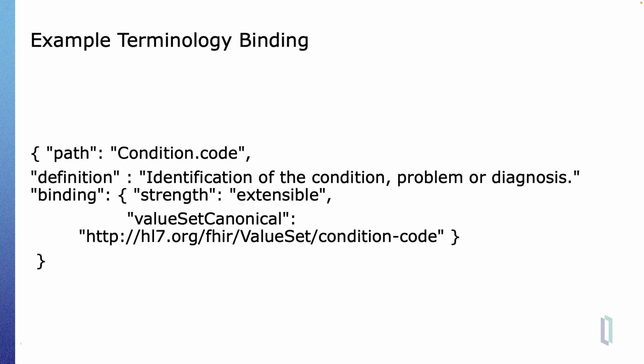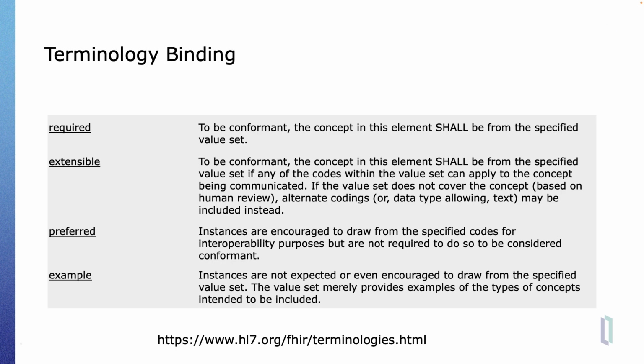We could also express the strength of a binding of a given element to a terminology. And in this example here, you see that the strength is extensible. So let's see what this means in terms of FHIR profiling. We have a number of different ways in which we can specify the strength of a binding.